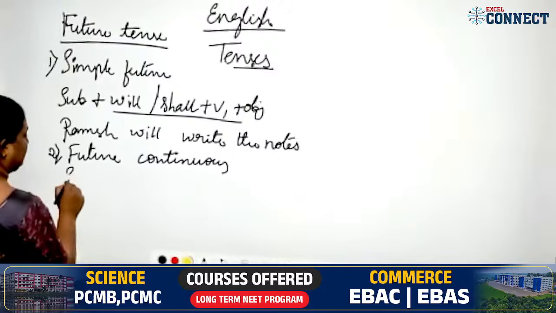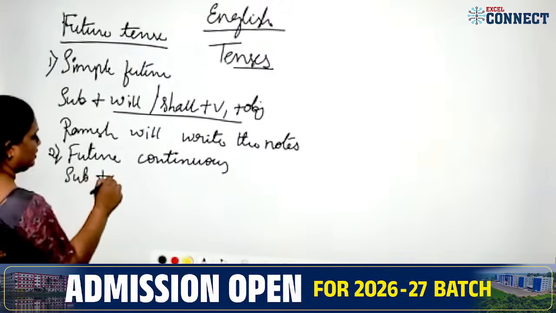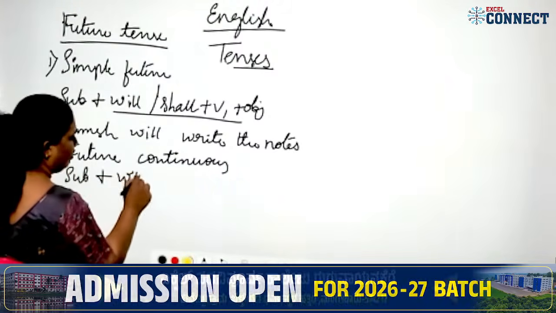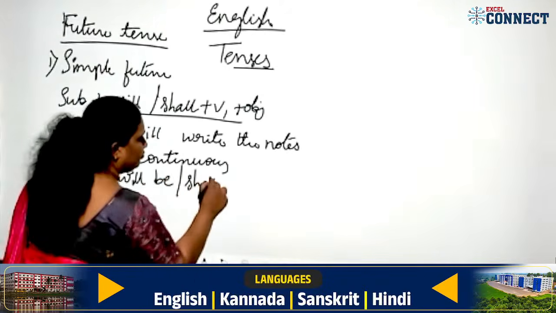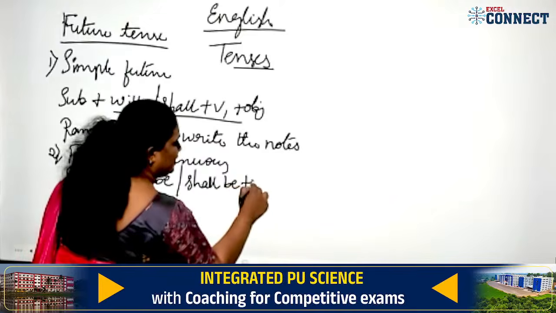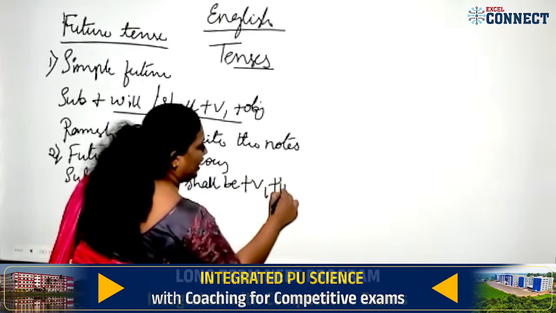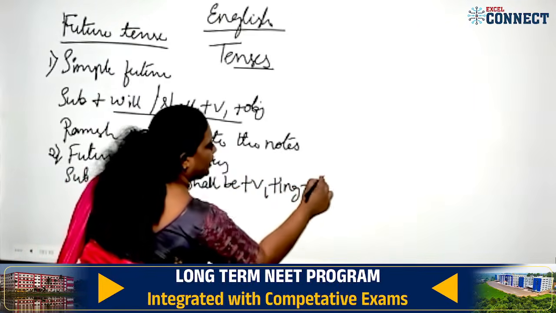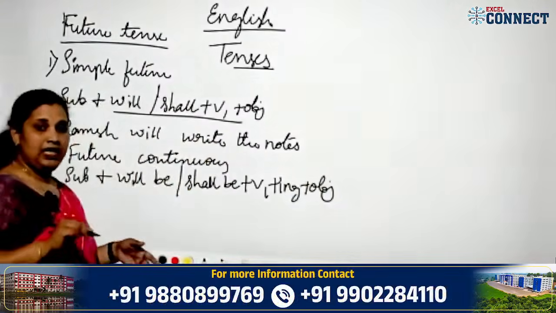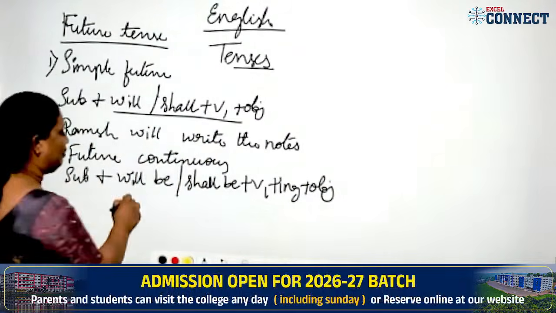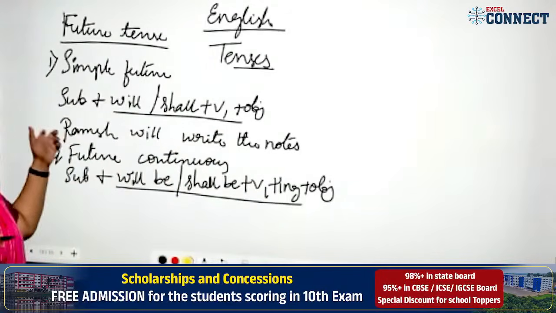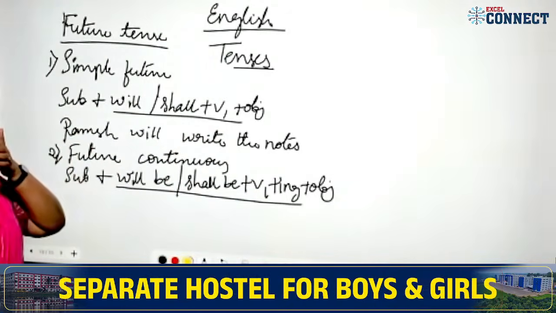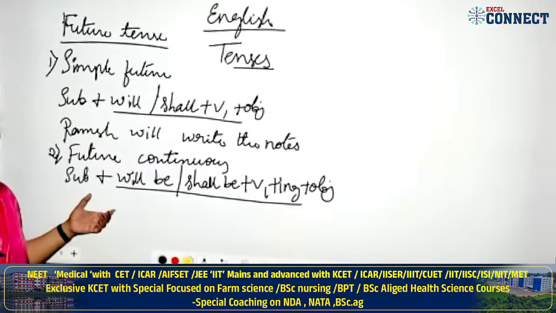So the subject plus will be or shall be plus V1 ing object. So this will be plus V1 ing will tell you that the action will start in the future and there is a continuation.